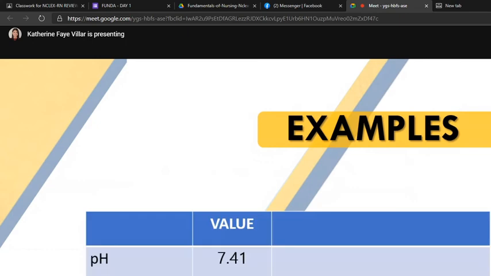Ikaw pa Kuya Jax, pH of 7.41, is that normal or acidic or alkaline? Perfect! Okay, that's normal pero towards the alkaline side. 'Pag nag-focus talaga makukuha mo 'yan. PCO2, 49.